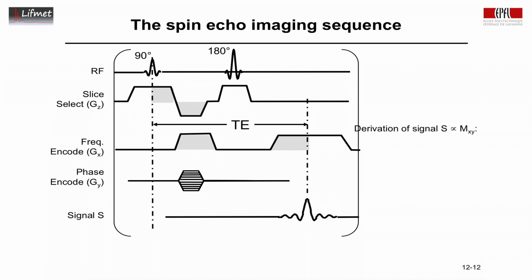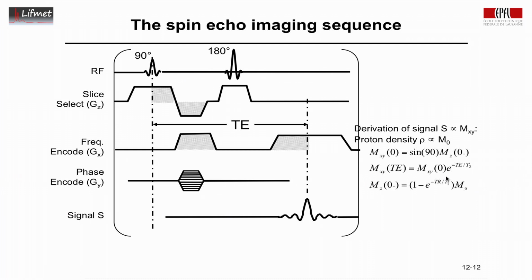So if we look now at the signal, the signal is proportional to the transverse magnetization. For proton density rho, this is proportional to the equilibrium magnetization. Now we'll just consider 90-degree pulses here, so the transverse magnetization at this point is equal to the Z magnetization just before the RF pulse times sine of 90 degrees. At the time TE, the transverse magnetization is given by the transverse magnetization here times e to the minus TE over T2.